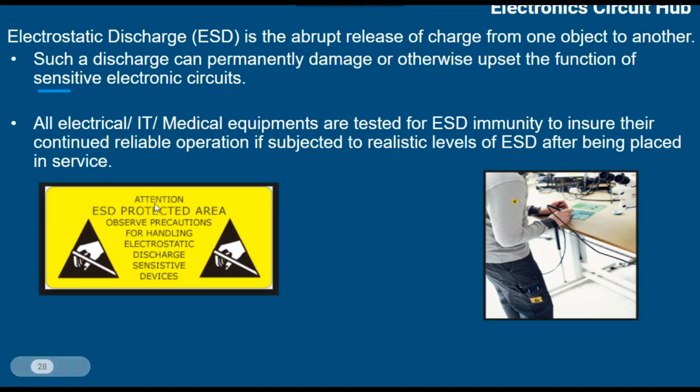Okay, so you can see this is the ESD sign, ESD protected area. Let us say this man is doing some testing on his printed circuit board, PCB, and you can see he is wearing a wristband which ensures the ESD protection.